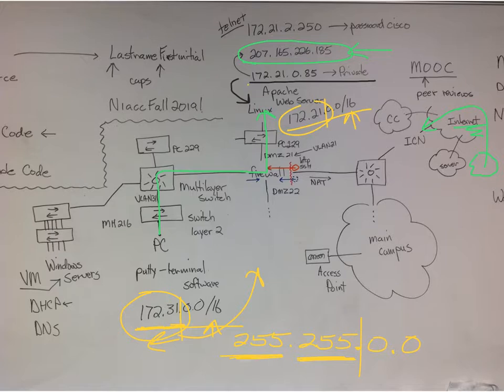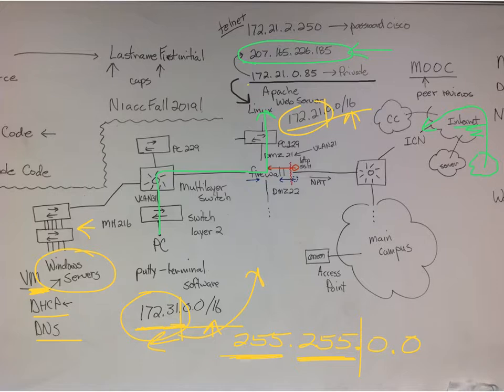Now we talked about a few other things, so let me talk about that. DHCP and DNS servers, they're over here on these Windows servers, and we took a look at those virtual machines that were in the back of 216.